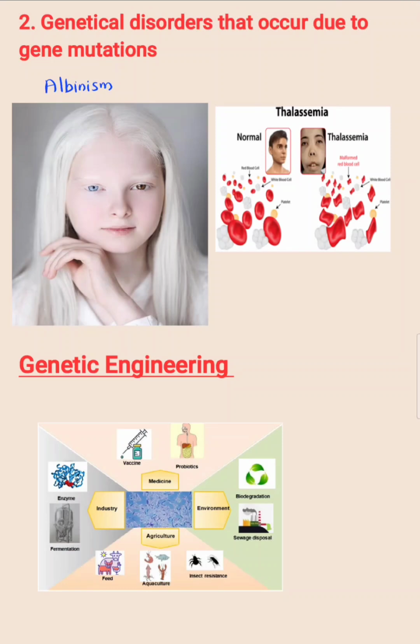They have extremely fair skin, hair and other external features because they don't produce melanin pigment. The other disorder is thalassemia. When having thalassemia, their red blood cells have a disorder.